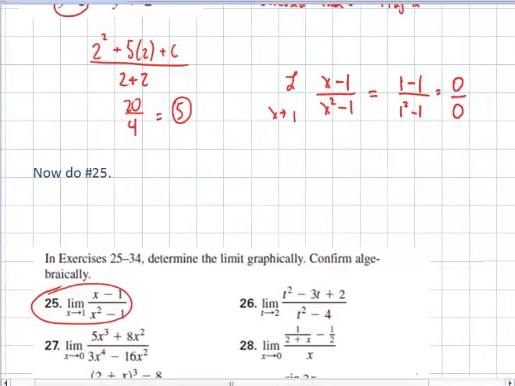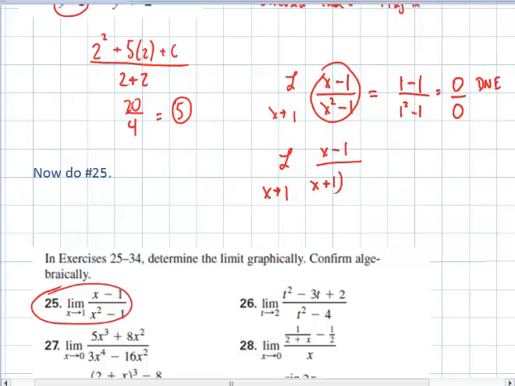Now, under most circumstances, when you get an undefined scenario like this, you're supposed to do some algebraic manipulation. One of the algebraic manipulations for this, or the only one, is really to factor the denominator. And upon factoring, we see that a term cancels within the top and the bottom.